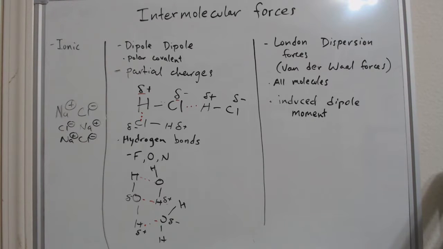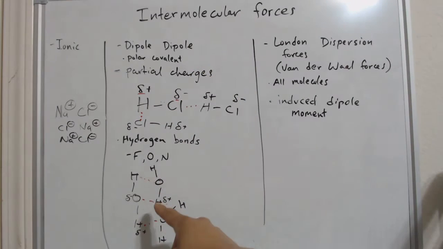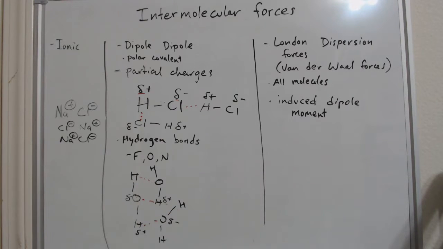And being a dipole-dipole force, it has to be a polar covalent compound, and the hydrogen will have a partial positive charge and the oxygen will have a partial negative charge. That's how they're attracted together, just like in the water bottle. It is demonstrating the hydrogen bonds.